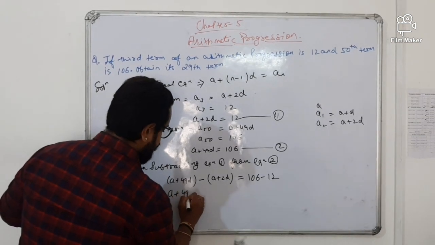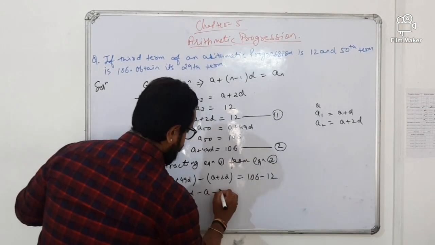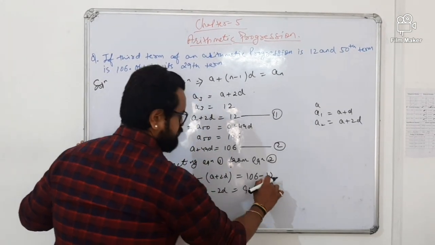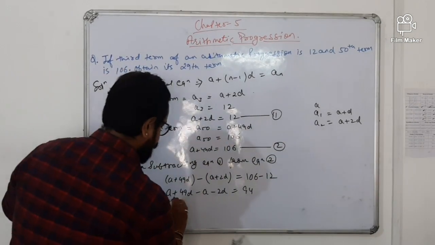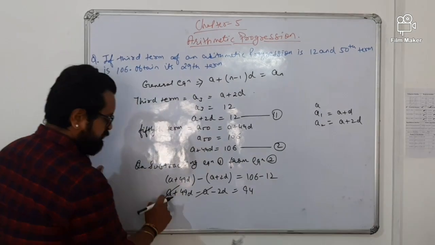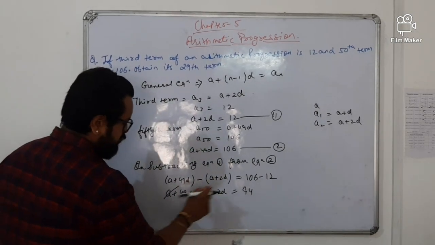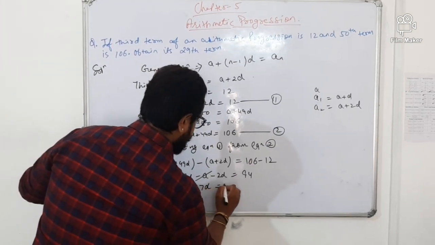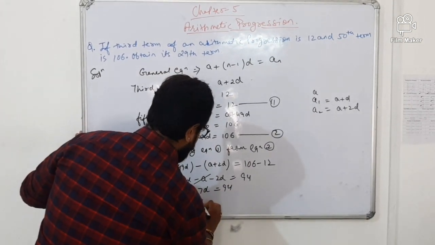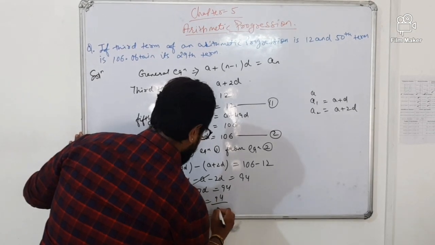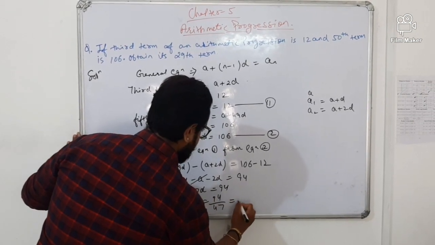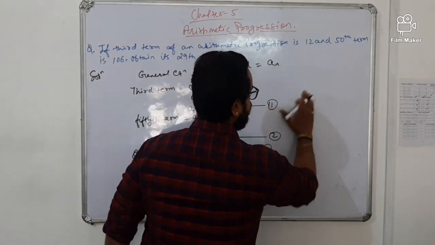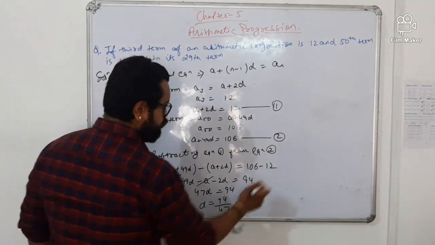A plus 49D minus A minus 2D equal to 94. 106 minus 12 is 94. Here A and A will be cancelled because one is positive and one is negative. 49D minus 2D will be 47D equal to 94. So D will be 94 upon 47, that is 2. Means the value of D we got here is 2.